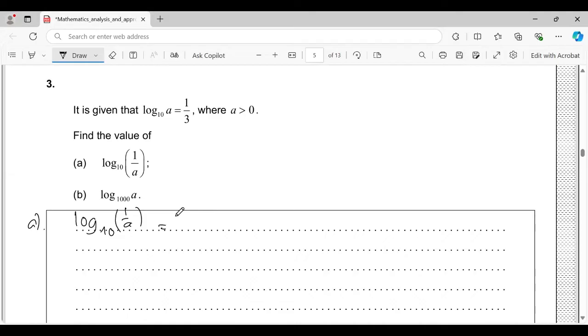We can convert it using a power of minus 1, so it becomes minus log base 10 of a. According to the information that log base 10 of a equals 1 over 3, it becomes minus 1 over 3.